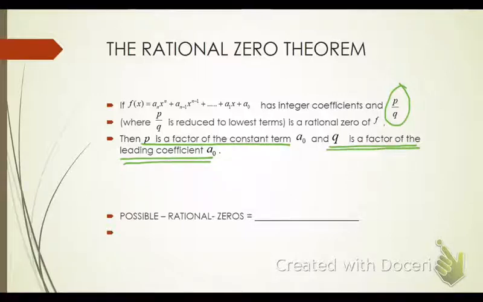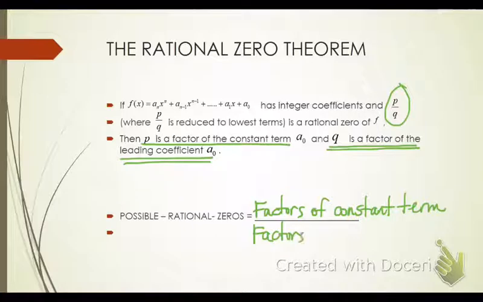You'll hear me say a lot of times, instead of p over q, to find the possible rational zeros, you take the factors of the constant term and you divide them by the factors of the leading coefficient. So that's described in the definition as p divided by q.